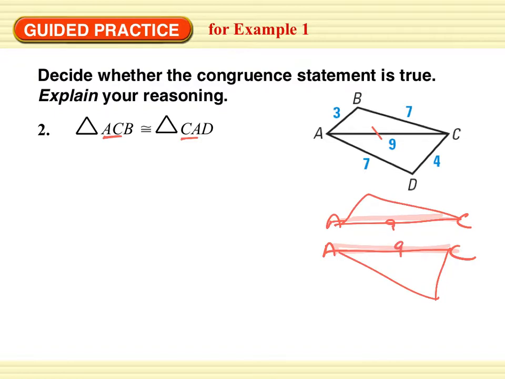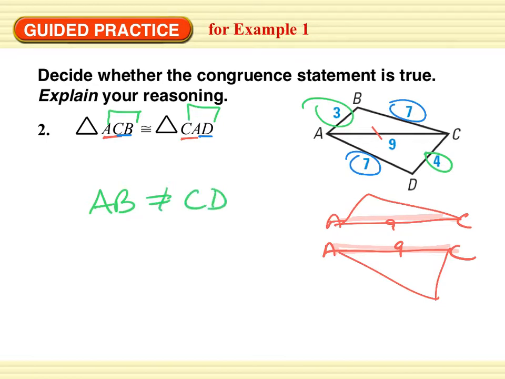And then we would go to the next one, CB and AD. CB is 7, and so is AD. So that side's good. But then when we go to check AB and CD, notice AB is not equal to CD. So this would not be congruent triangles.